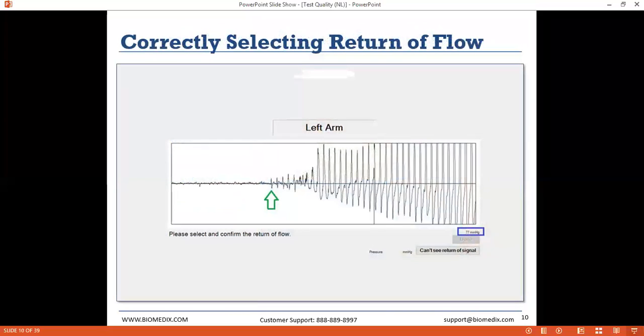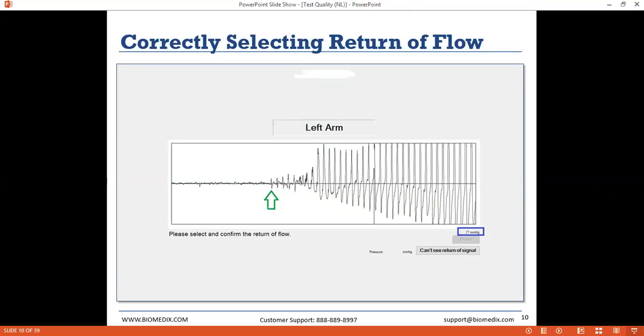We're going to move on to the next portion of the webinar, which is selecting the return of flow. Now, I want to highlight that oftentimes we'll get calls saying, we've seen the demo waveforms, the demo return to flow charts, which is what we're looking at now, but our waveforms look all over the place. They're crazy. I don't know what's going on. They don't look as nice and neat as this one.